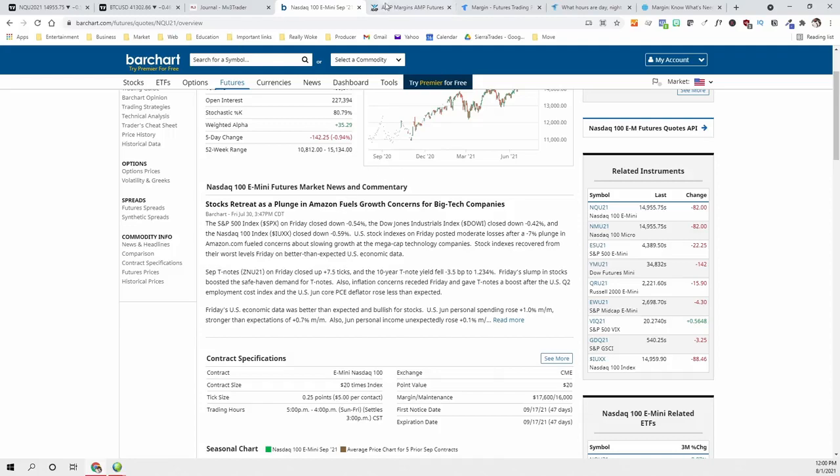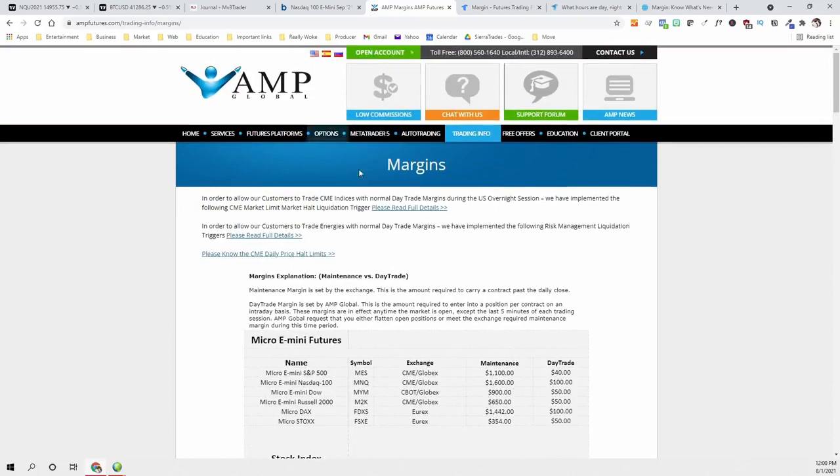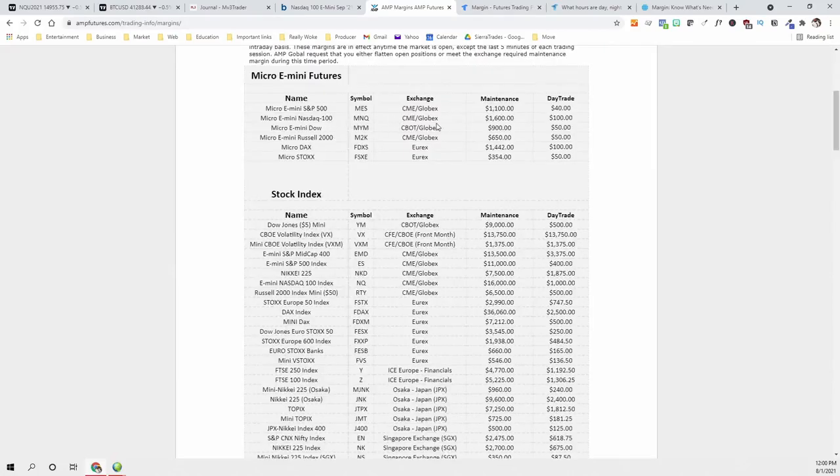Okay, now for you actually trading it, it's going to depend on your broker. Your broker 9 times out of 10 today is going to give you a discount on those margin and maintenance requirements, right? So this is AMP Futures, as we can see here. Let's say you open an account with AMP Futures and you want to trade the micros, the MNQ. You can see here you need a maintenance requirement of $1,600 and a day trade requirement of $100.